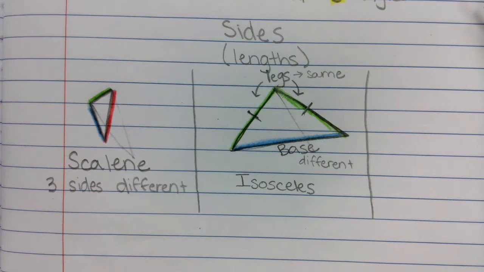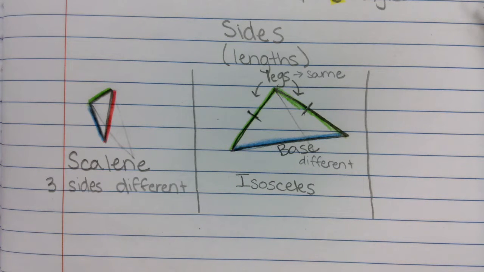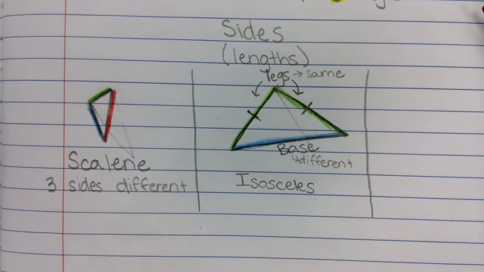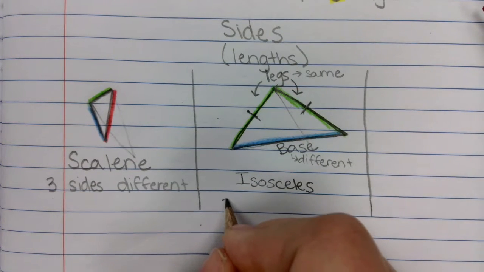So the legs are the same, the base is the one that's different. So our definition of an isosceles triangle is that we have two sides that are equal, or two sides that are the same.